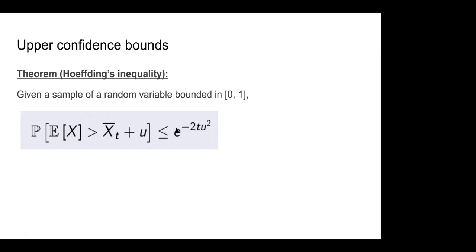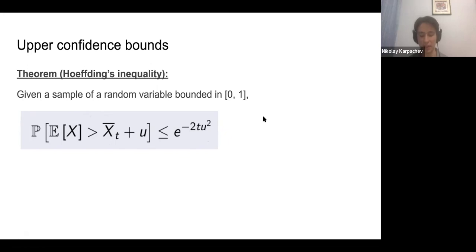The distribution doesn't have to be normal, we can use any. The good thing here is that it works for any distribution which is bounded in 0, 1. It doesn't matter what the distribution is. The only thing that matters is that the random variable takes values from 0 to 1, in this interval.